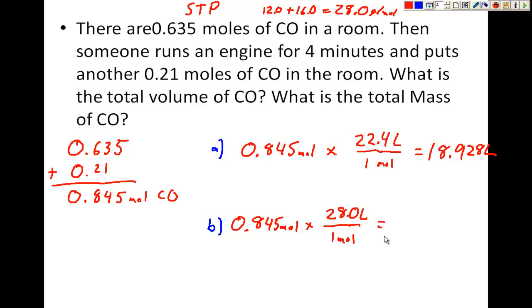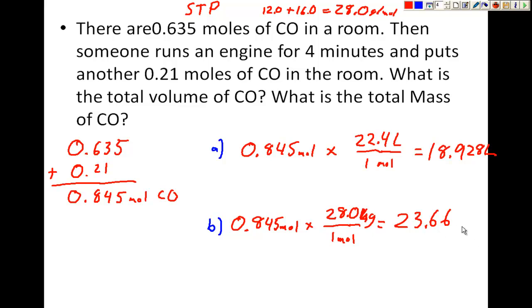And now I'm just going to go 0.845 in my calculator, times 28 equals, and I get 23.66. Oh, I made a mistake here. It's not liters, it's grams.